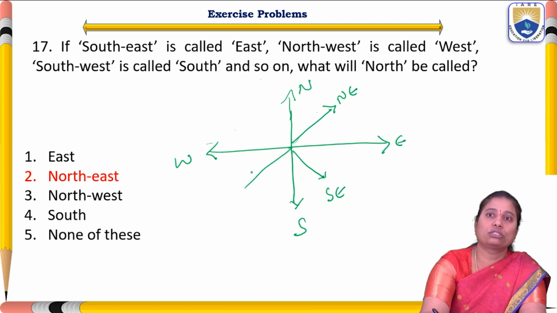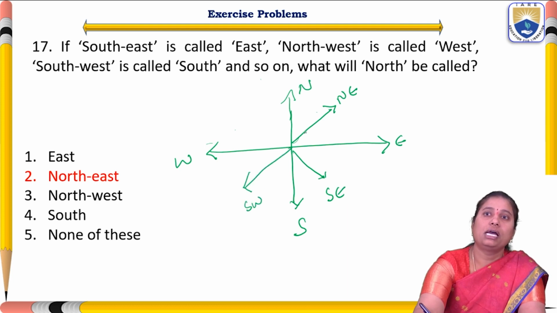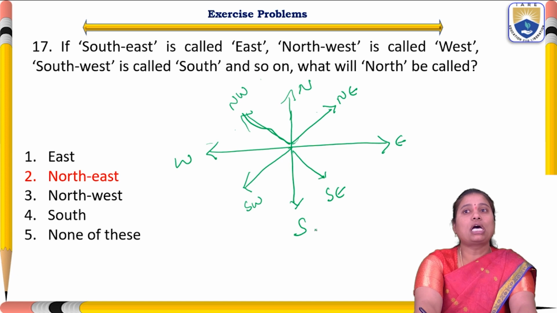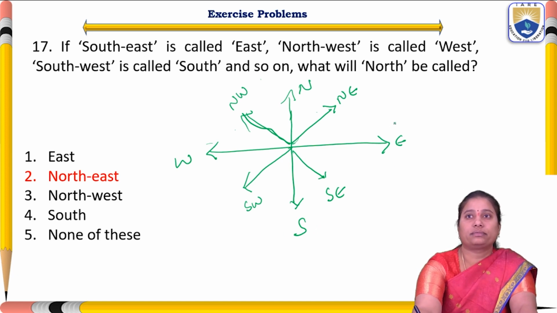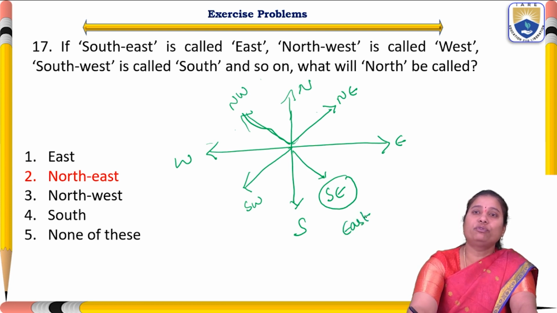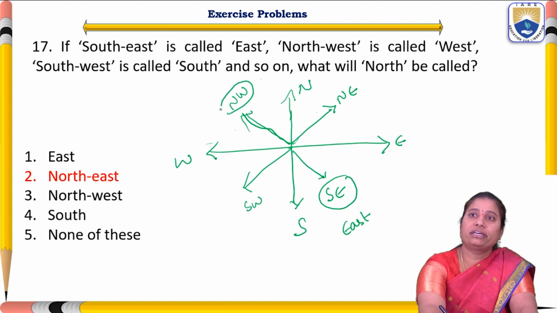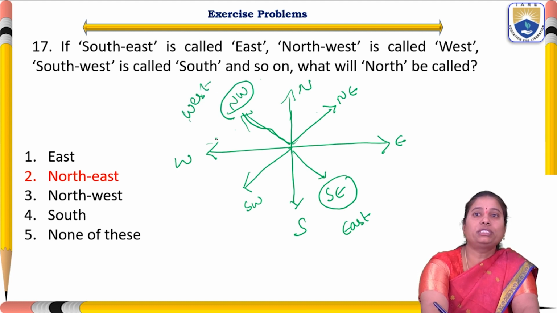In between these two is the southwest. And between these two is the northwest direction. So southeast is called east, northwest is called west, and southwest is called south.